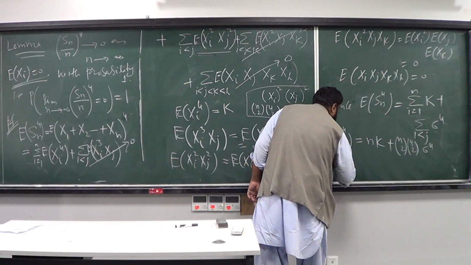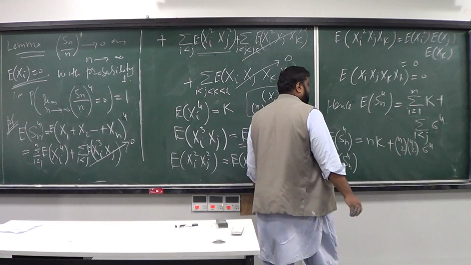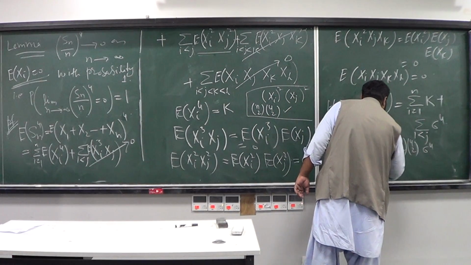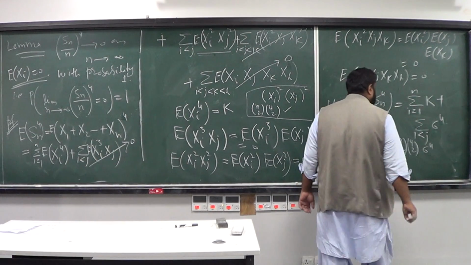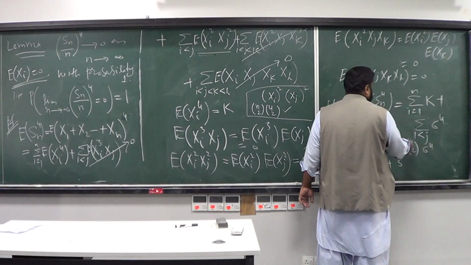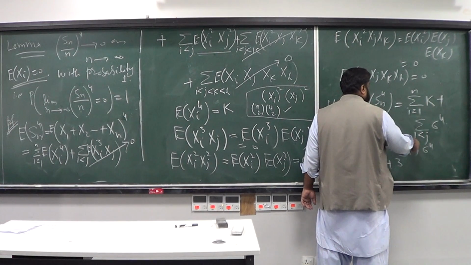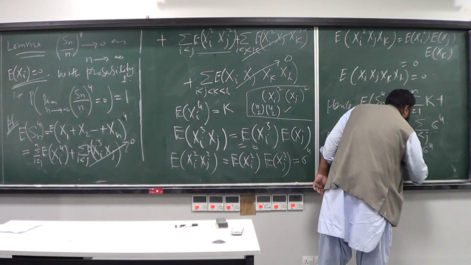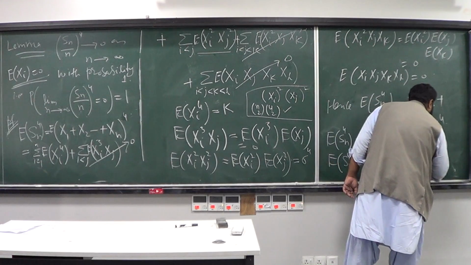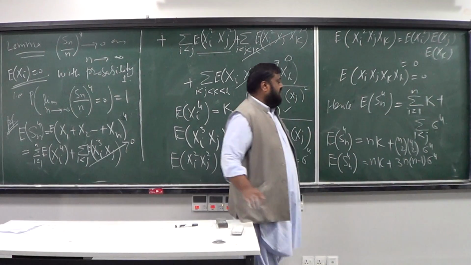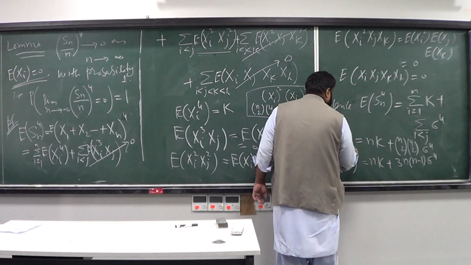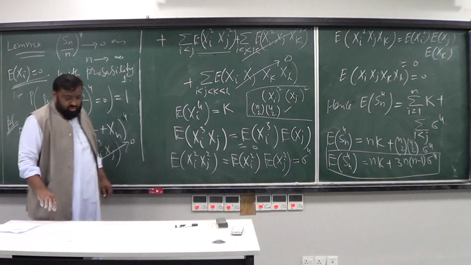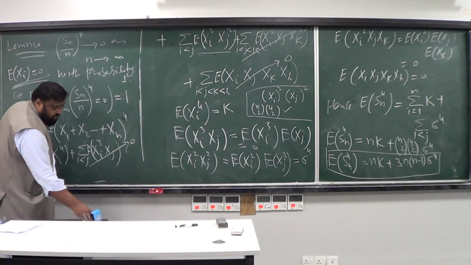And the expectation of Sn power 4 is then going to be, you can simplify this, nk plus 3 times, because this is going to be 4 times 3, 2 times 2, and 2, 2. So it's going to be 3 times n multiplied by n minus 1 multiplied by sigma power 4. Okay. So far so good. We got this conclusion. What is the next thing?